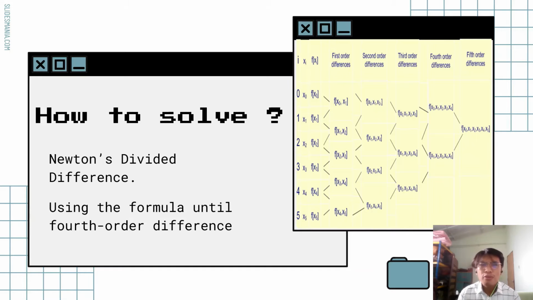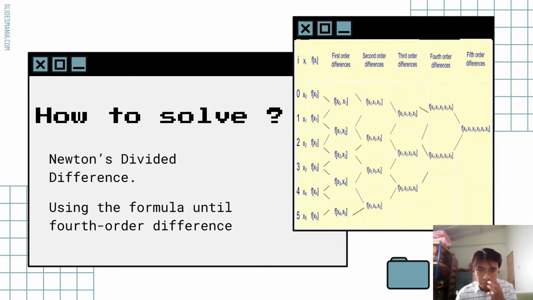How to solve using the Newton divided difference? From the table here, we can see there are many orders of difference. So our calculation will involve up to the fourth order difference.